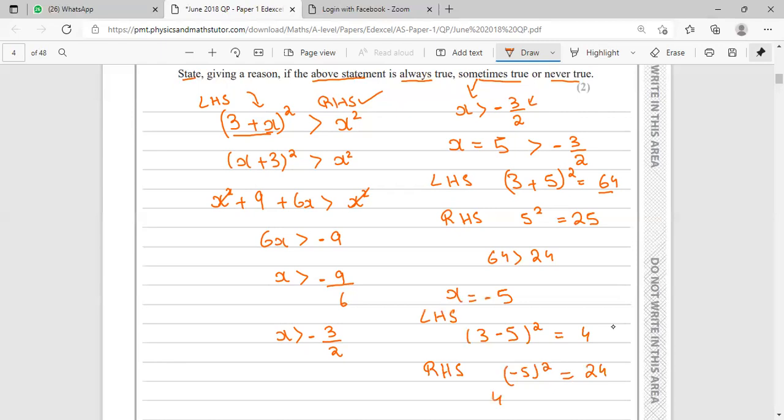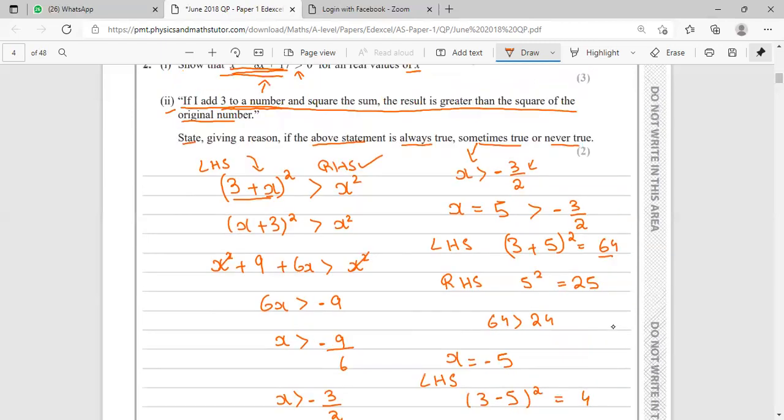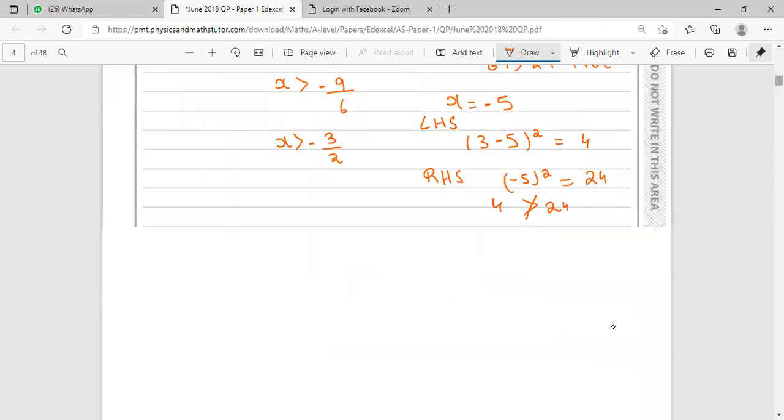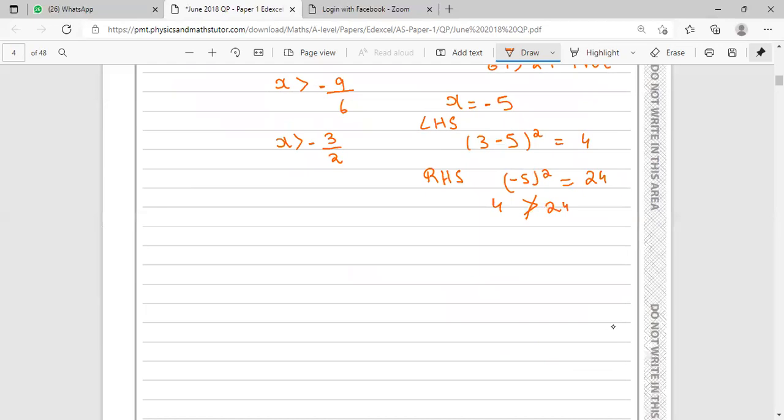Now we can see that 4 is not greater than 25. So clearly the answer would be that the above statement is sometimes true, particularly for x greater than minus 3 by 2. For example, for x equals 5, it is true. And for x equals minus 5, it is not true. Right?